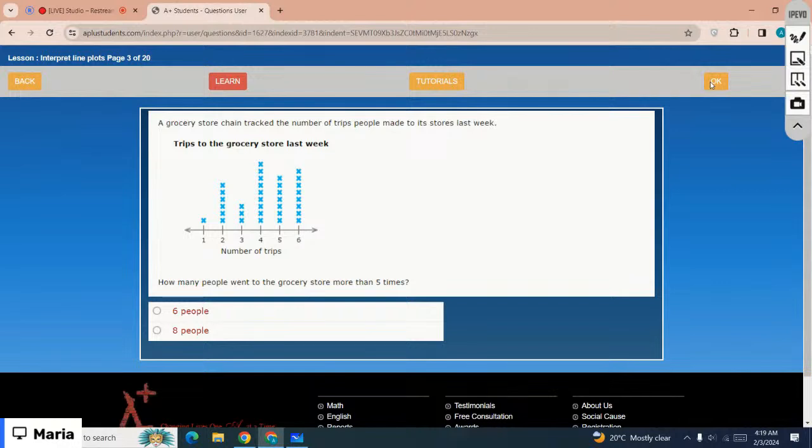Just count the number of crosses that are above six. Which is the correct option? Yes, the correct option is eight people because eight people went to the grocery store more than five times.